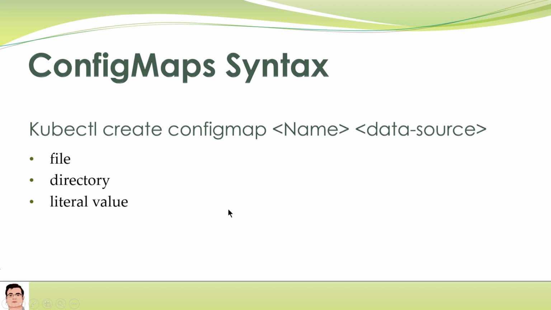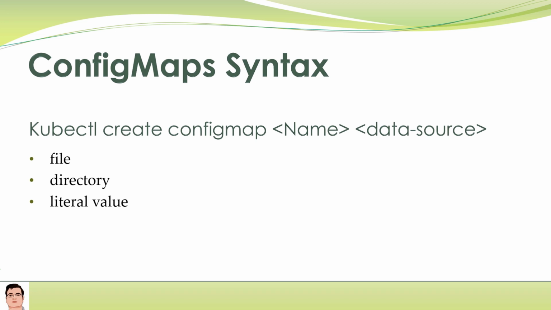So how can we define a config map? You can write a command like kubectl create configmap, or you can write it as kubectl create cm, C for config and M for map, which are the short names, and then we have the name of the config map, and then the data source. The data source may be from literal values, from a file, from directories, whatever it is.